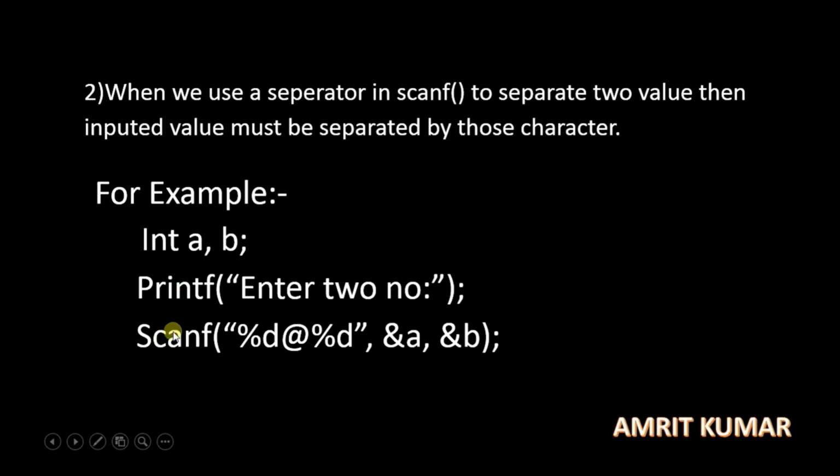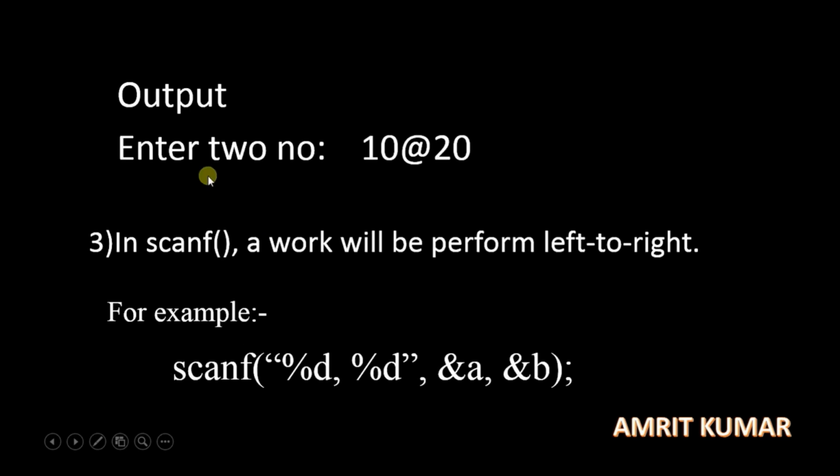So what happened here is that we are using the two variables a and b, and we have printed the statement, that is enter two number. So the output will clarify for us that the message, enter two number, will be printed first of all.